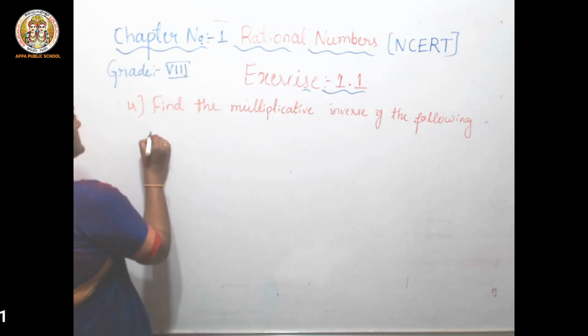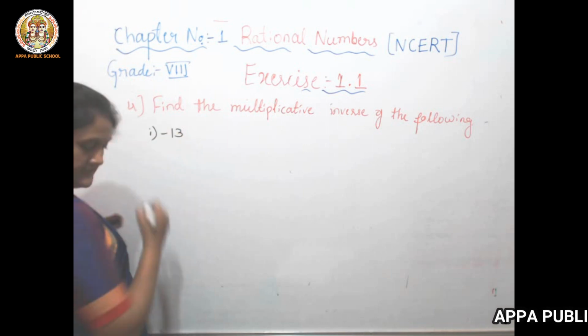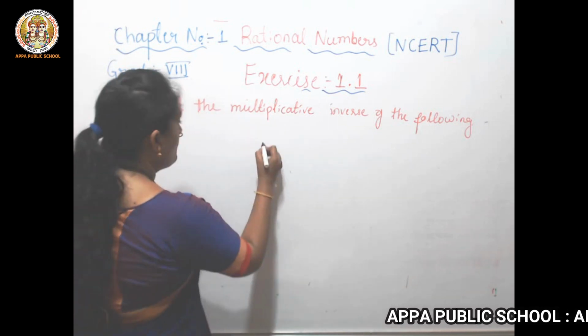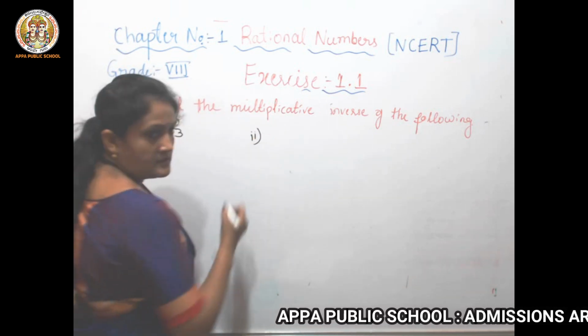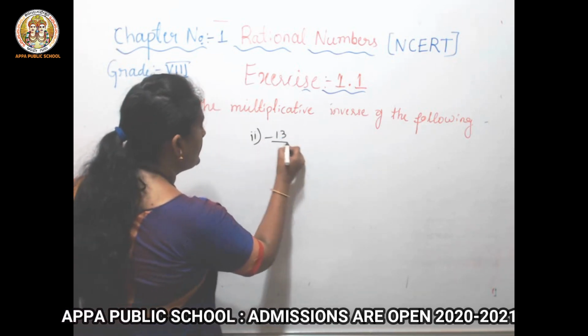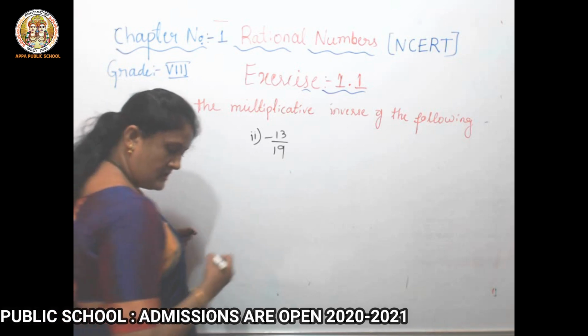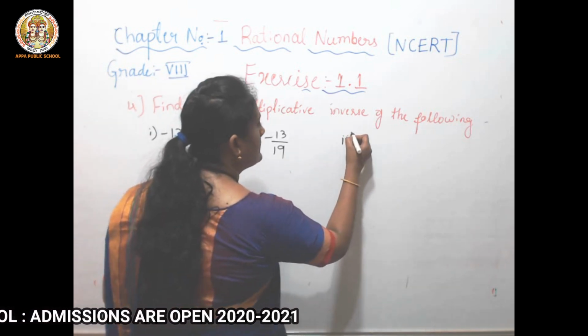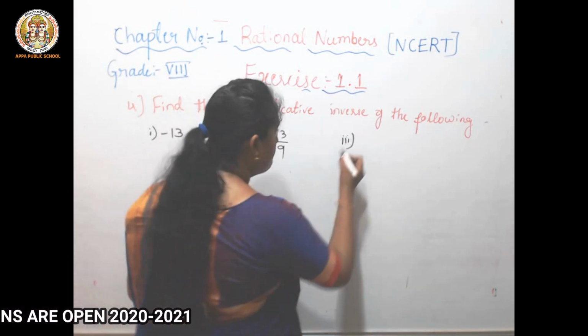The first question is minus 13. Second one, minus 13 by 19. The third one, 1 by 5.